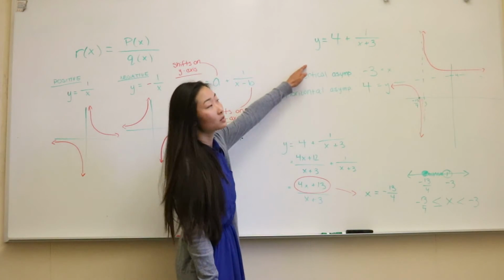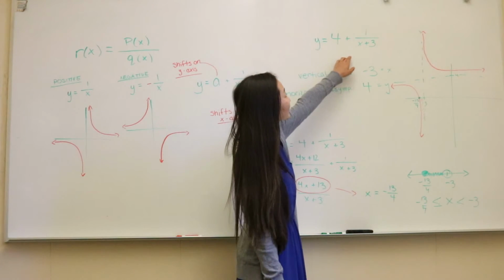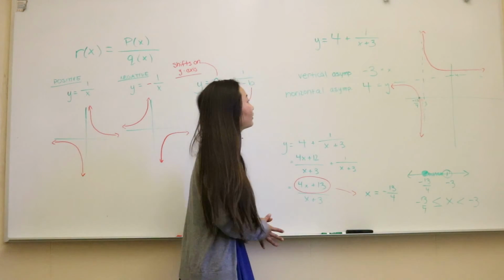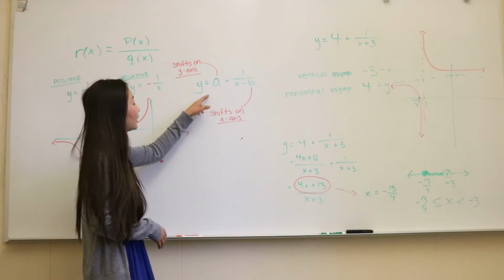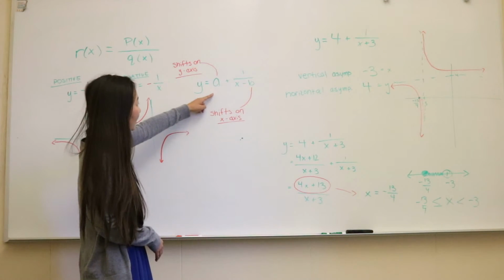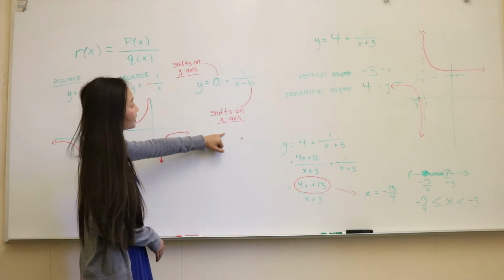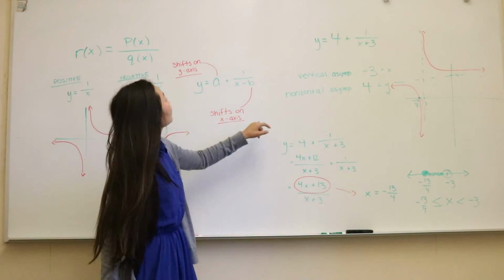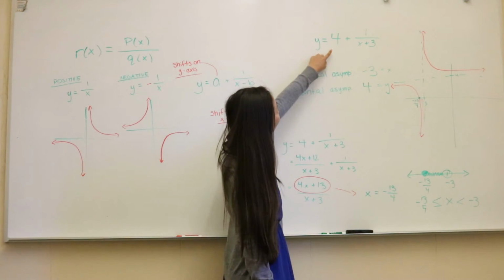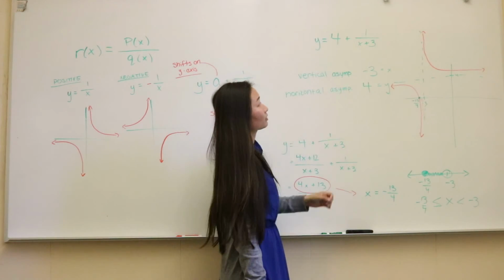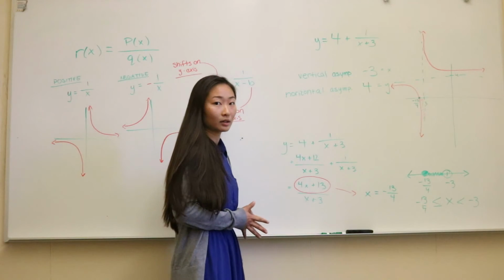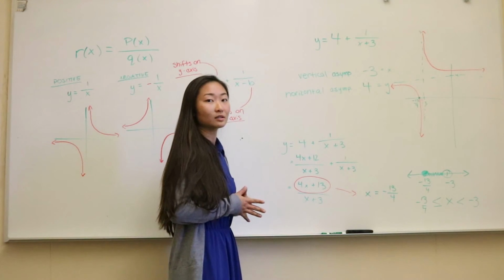So we have our equation y equals 4 plus 1 over (x plus 3), and we're going to find the vertical and horizontal asymptote. So going back to this form, the horizontal asymptote is a and the vertical asymptote is b. Horizontal is 4 and vertical is -3, because -3 makes the form undefined.